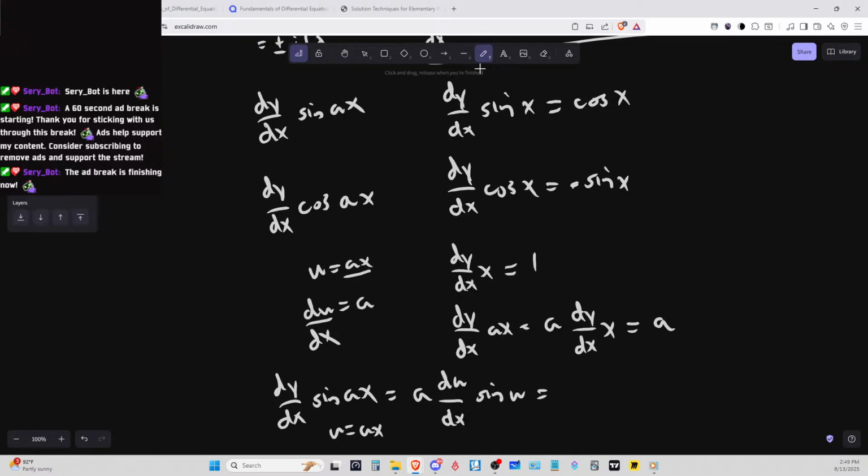Oh no, the way I wrote it didn't look right. du dx. Okay. So when that happens, we just turn this into cosine of u, but we know what u is, so that turns into a cosine of ax, and that's how you get the derivative of that.